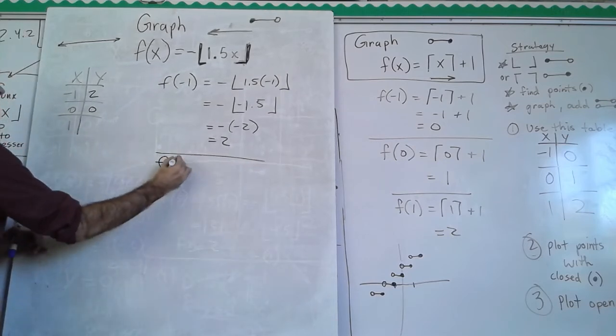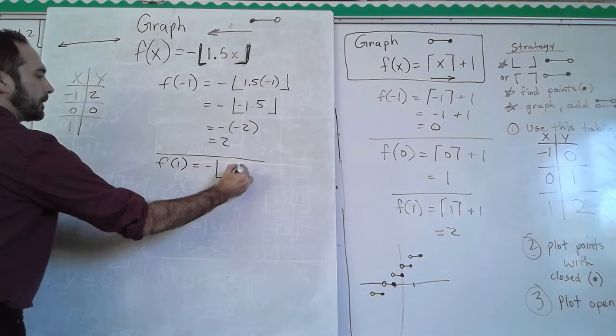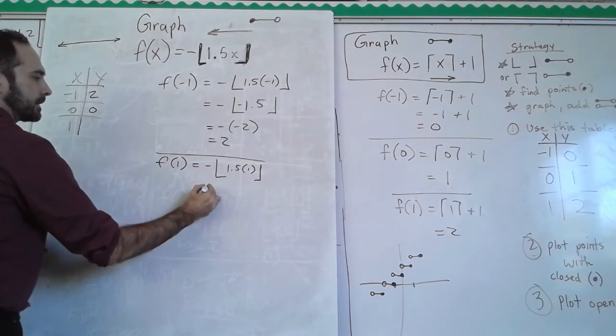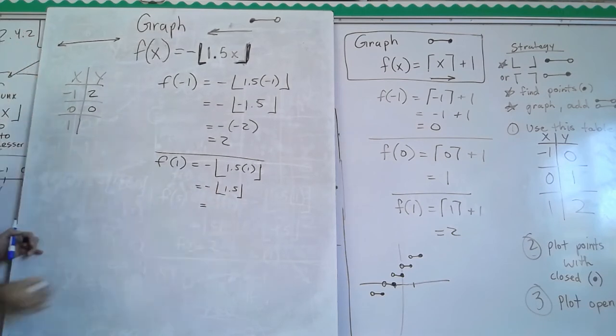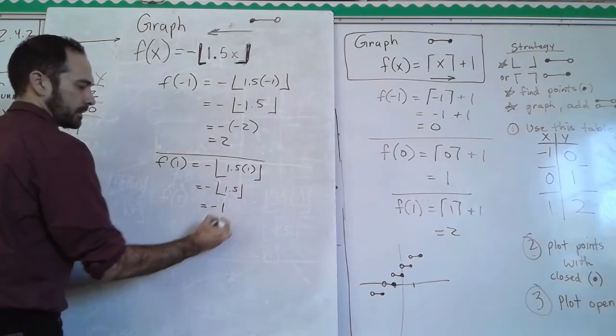All right, how about f of 1? We get negative floor of 1.5 times 1. So now we're at 1.5. We need to round to the lesser number, towards negative infinity. So what number does 1.5 round to? We're talking about the floor function. Just to 1.